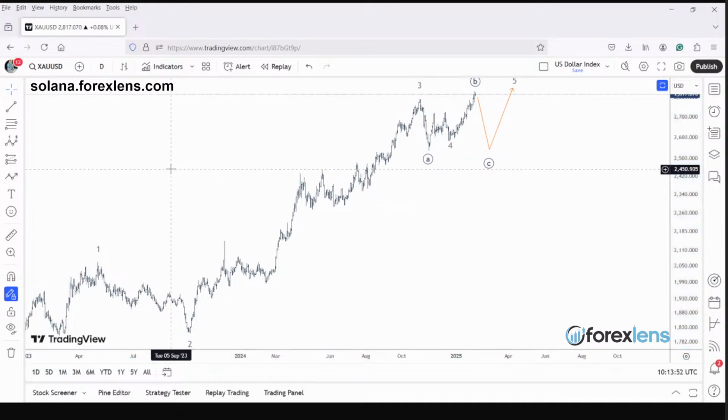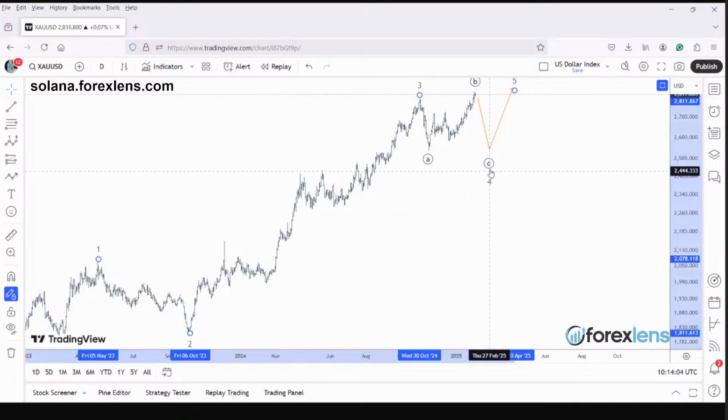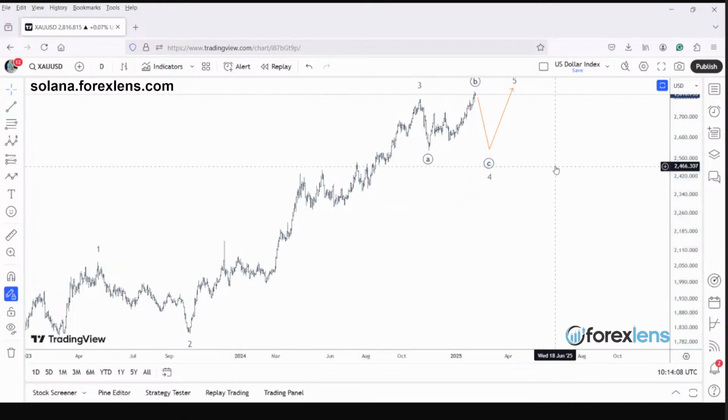All right. So that is the story in gold. We are holding short positions around the 2820. Too much of aggressive shorts taken. But those who are conservative, they don't have a trade. We don't have a trade recommendation right now.